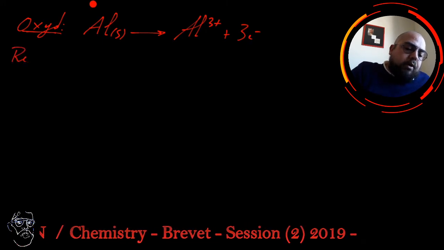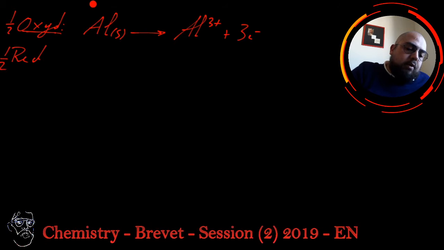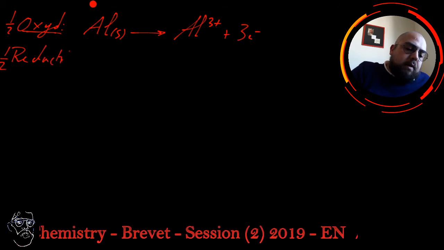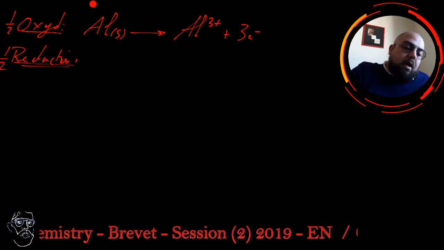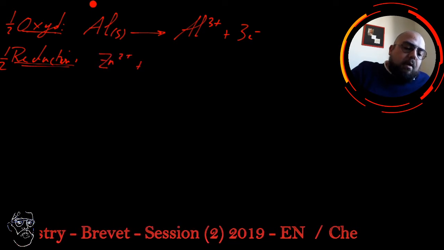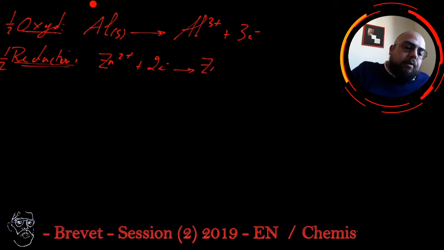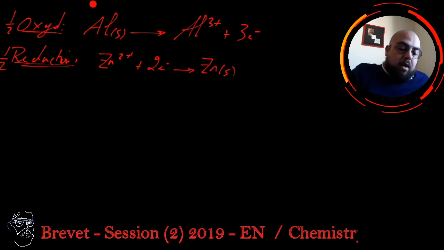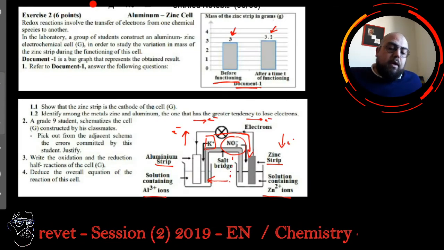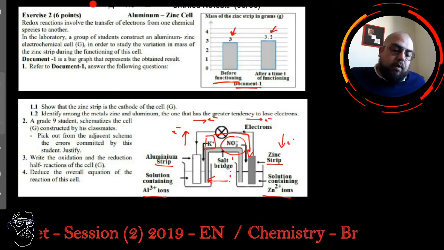As for the reduction, in this case I have the zinc ions, Zn2+, which gain 2 electrons and are transformed to solid zinc. These are the half reactions of oxidation and reduction.